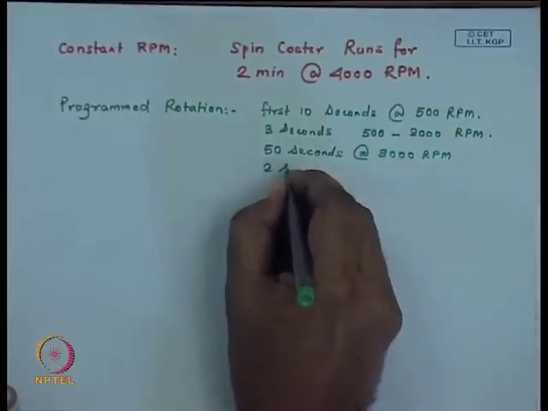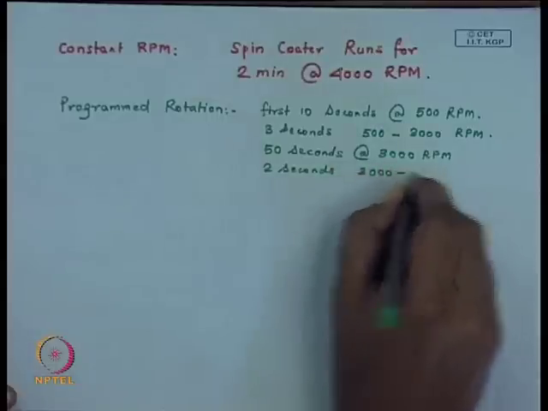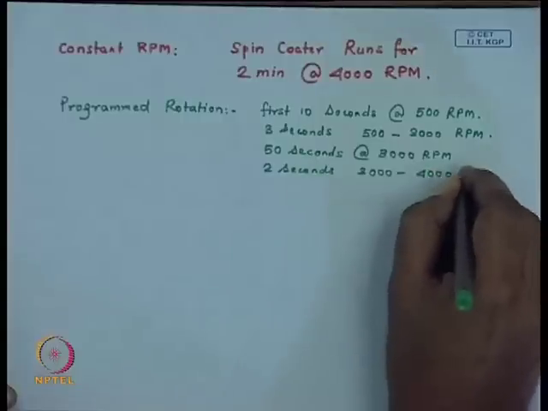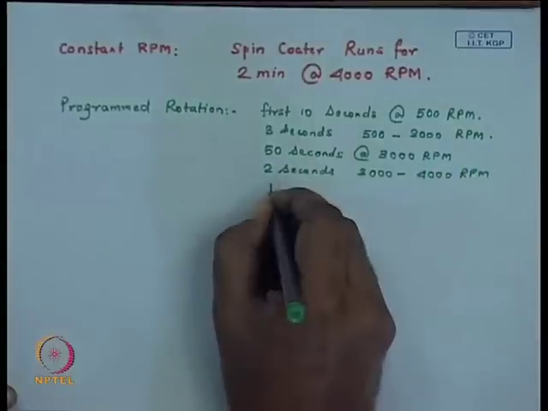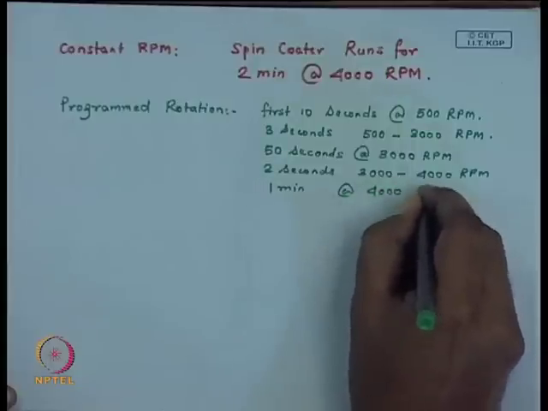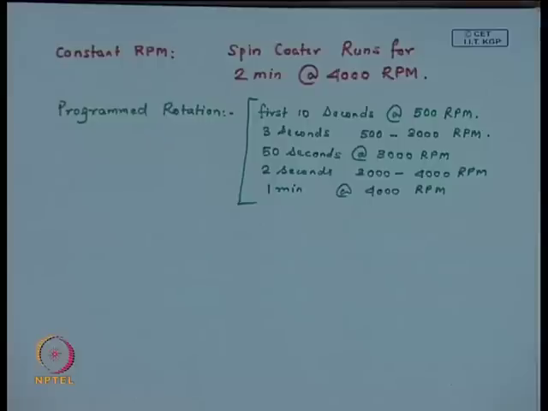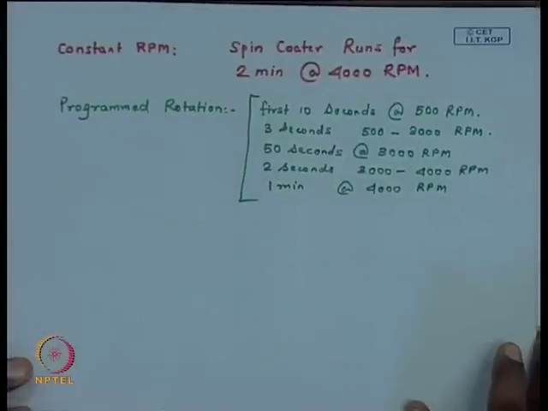Then in the next 2 seconds you go up from 3000 to 4000 RPM, and let us say a further 1 minute at 4000 RPM. In some of the high end coating instruments it becomes possible to program your rotation like this. This is what is known as a programmable spin coater.